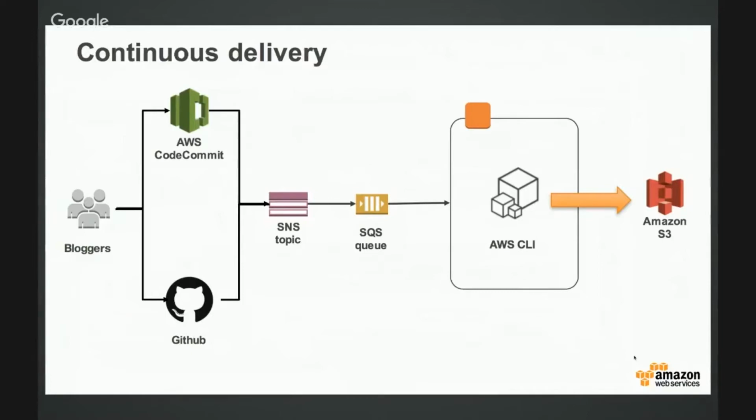And every time a change happens, an SNS topic is notified. SNS is our service for notifications. And then after being notified, that's usually put in an SQS queue, so it's durable and the message stays there, that notification is stored until it's consumed by whoever is updating the content.